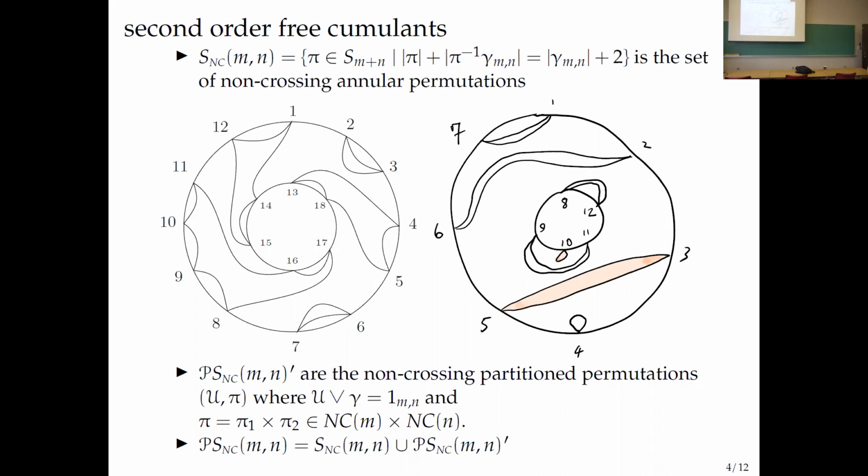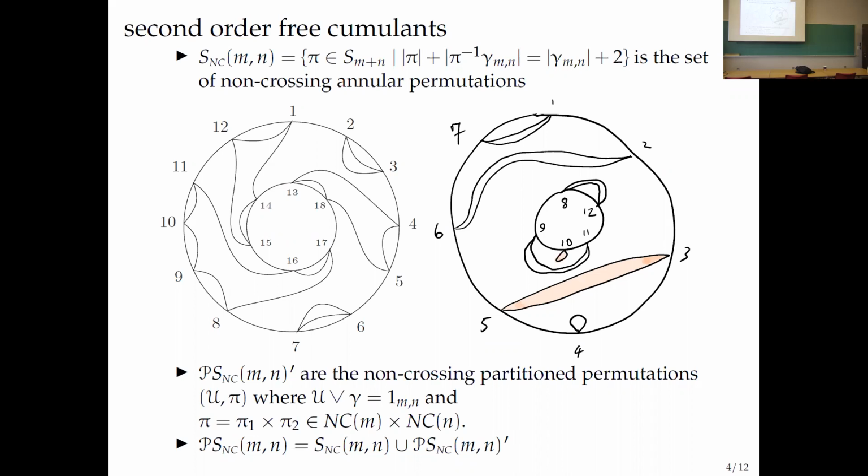So these are the partitions for which there is a way of drawing it such that the cycle blocks don't cross. Then there was another component to this thing, which I called PSNCMN primed. It's a terrible notation, but I still haven't been able to think of something better. And that means you take non-crossing partitions on one circle and non-crossing partitions on another circle, and you choose one cycle in each. So you mark in each color, in this case, one cycle on each side.